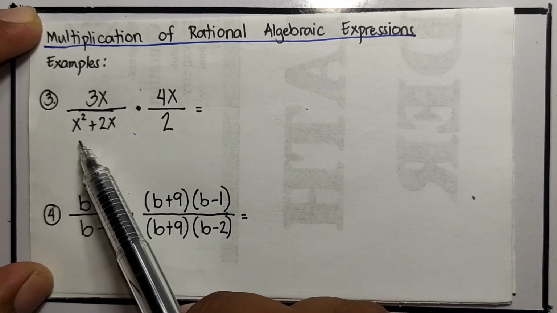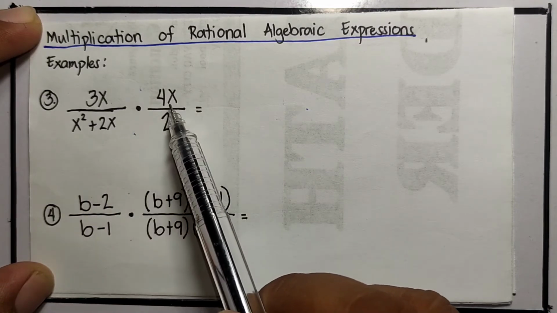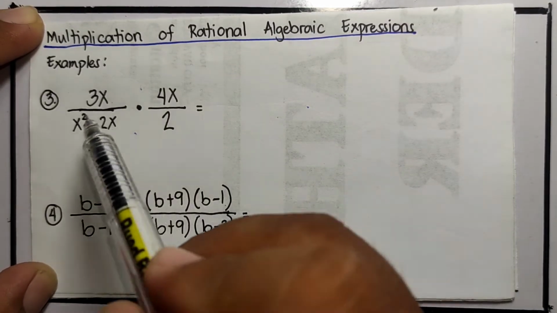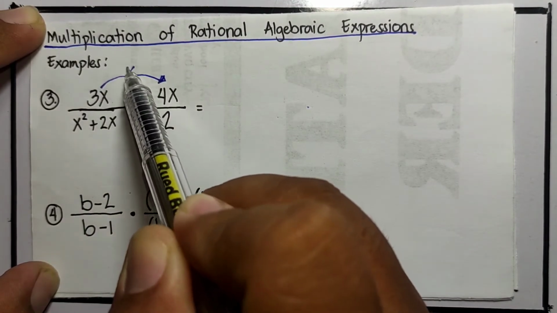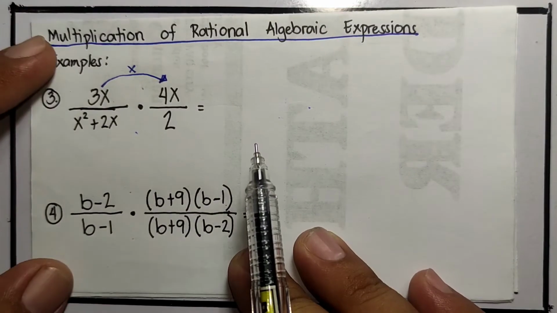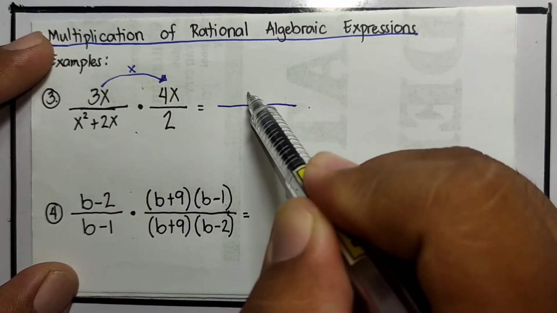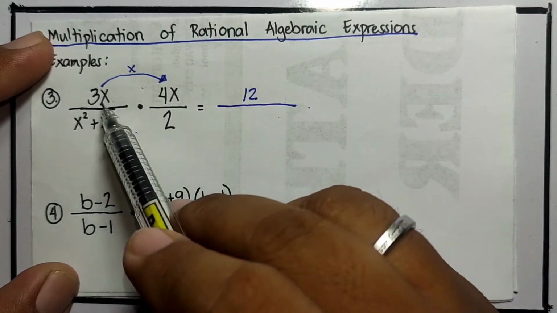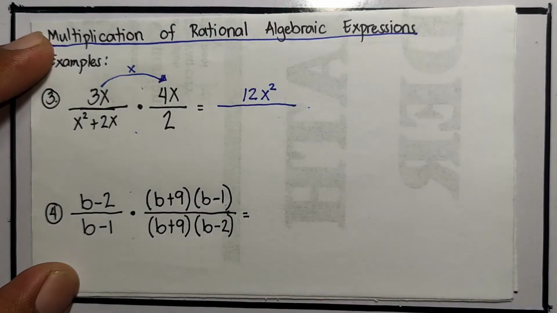3x over x squared plus 2x times 4x over 2. Simply multiply first our numerator. 3 times 4 is 12. X times x is x squared.